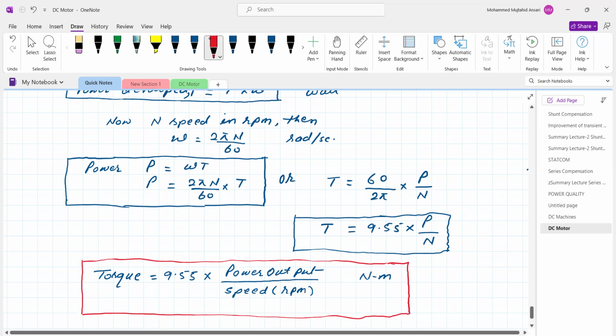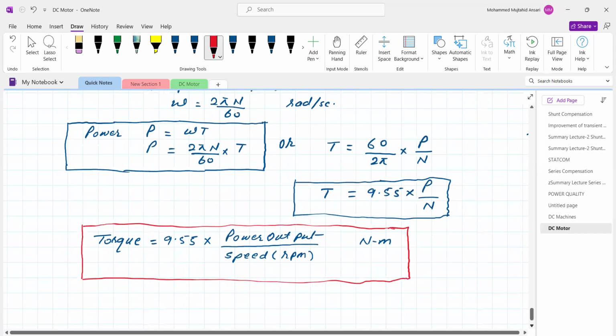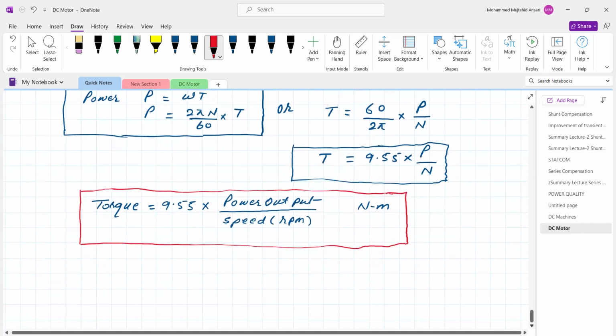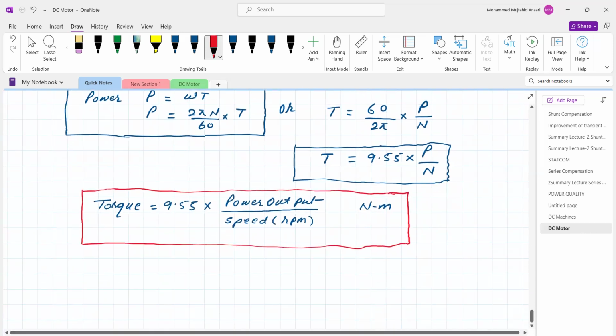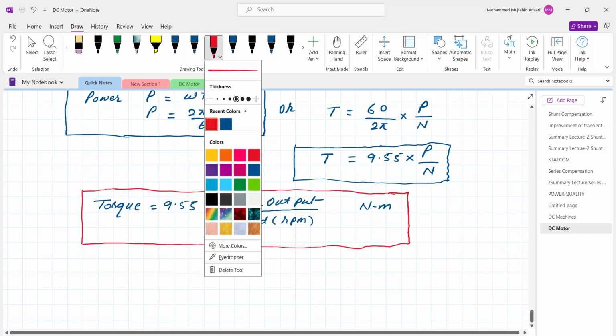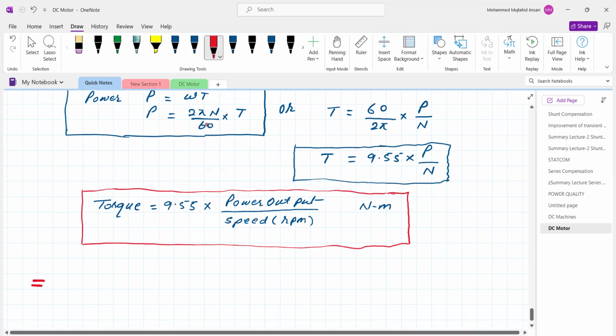Now, because of this one, we try to develop the armature torque of motor.